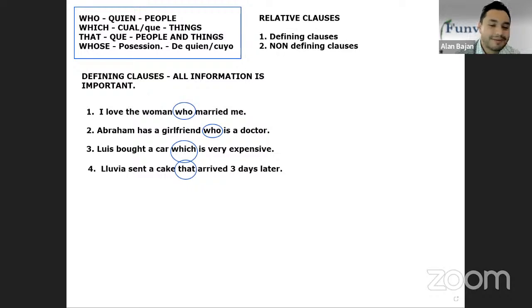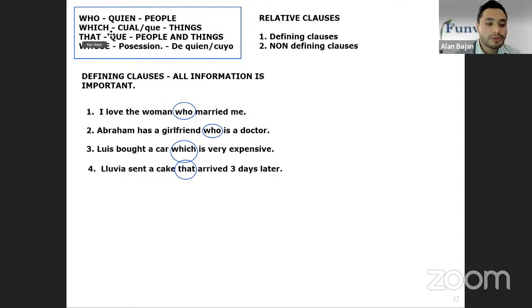This is a non-defining clause, the example of Evelyn: my sister, who works in the capital, she is 30 years old. But a defining clause would be, I have a sister who works in the capital. That's a defining clause. Tengo una hermana que trabaja en la capital.